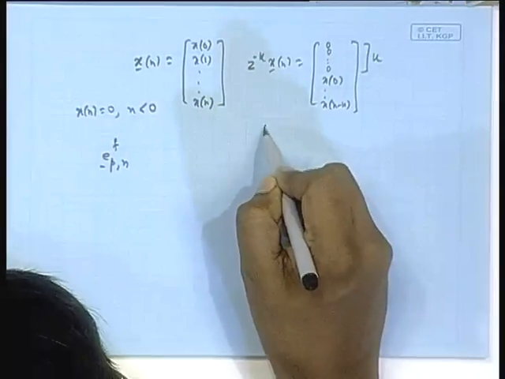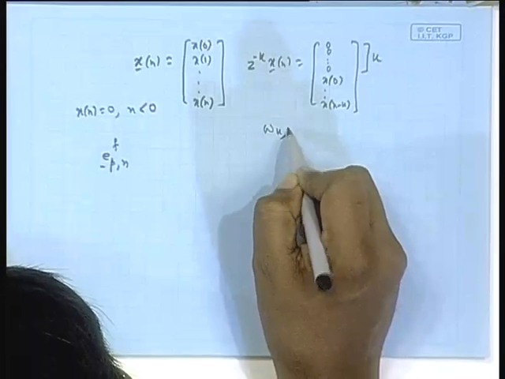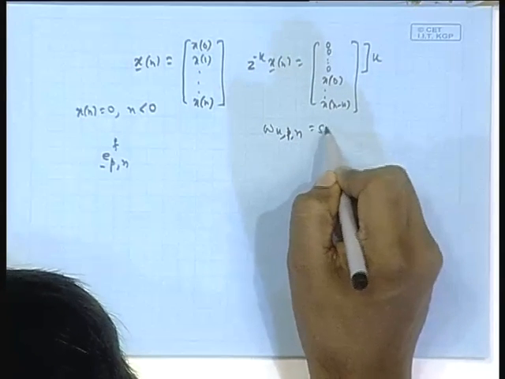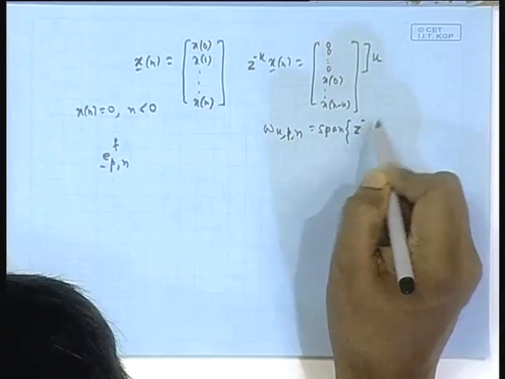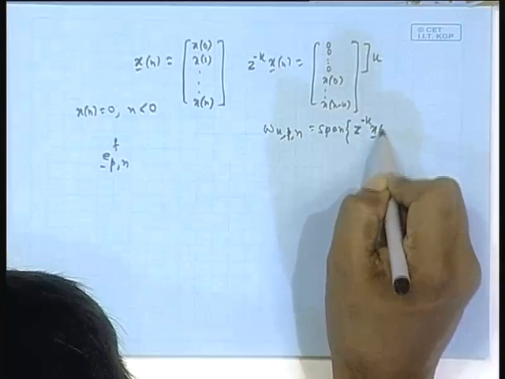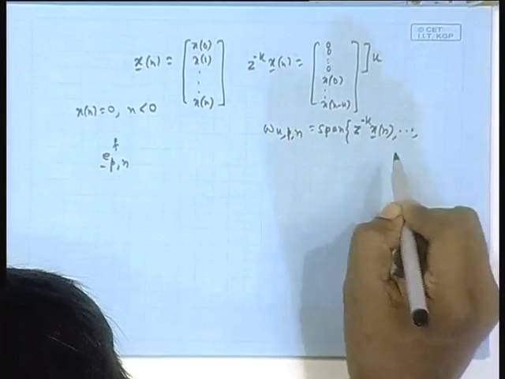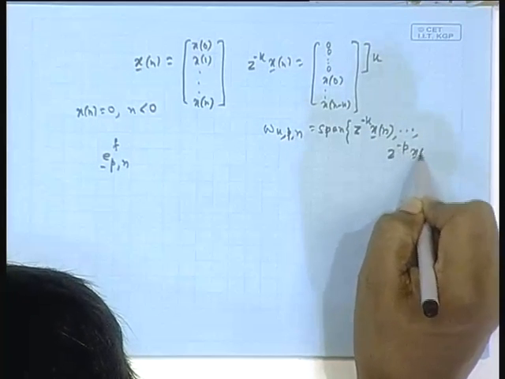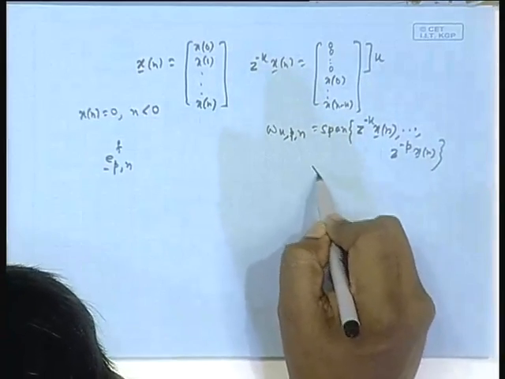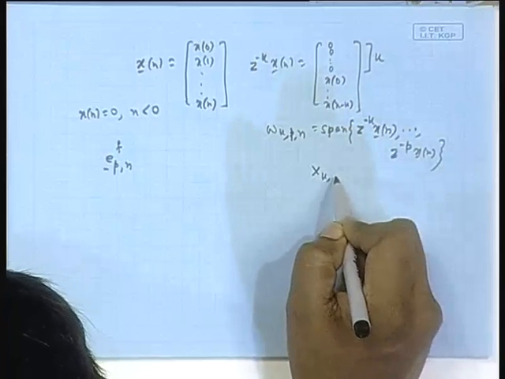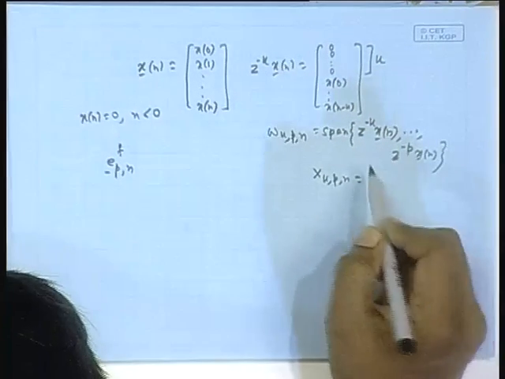Okay. So, let me define again W k p n as the span of the columns. Also you can define the matrix. If you put the columns side by side, you get the matrix.